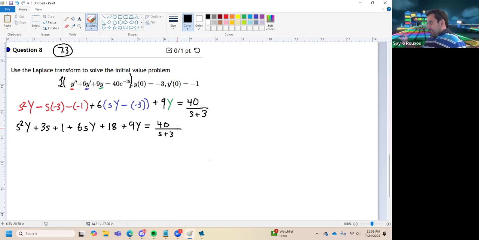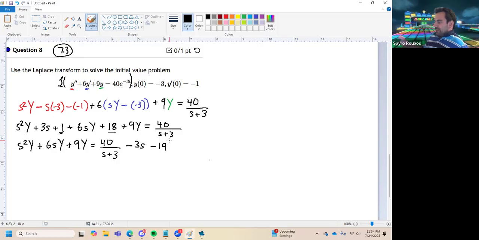Okay, and now anything that is not with Y, add over to the other side or subtract over to the other side. So these guys are fine. Just going to subtract over the 3s. And also, altogether, we have 19, so minus 19.